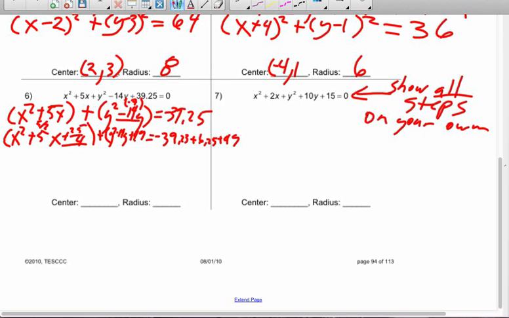So this is going to give me x plus half of 5, which is 2 1/2 squared, plus y minus 7 squared. And when you add all of this up, you end up with 16.